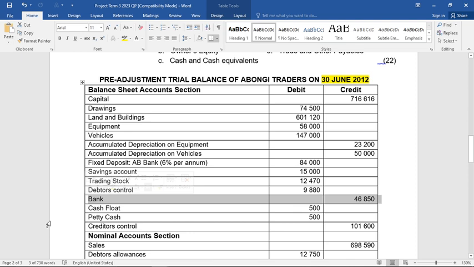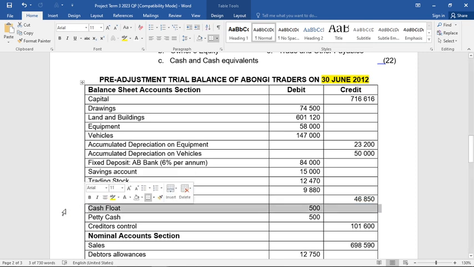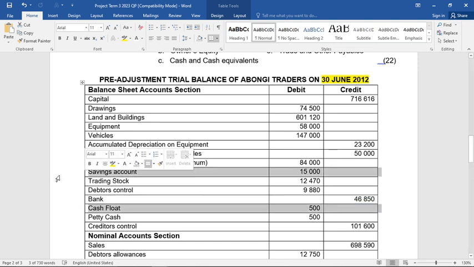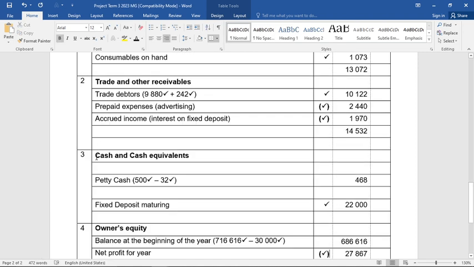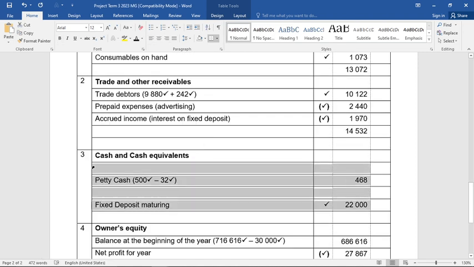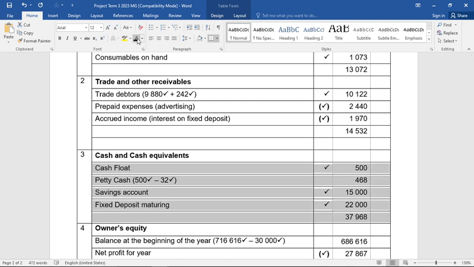Why can't we put bank in cash and cash equivalents? Because it's a credit. In other words, it's an overdraft. And bank overdraft must get shown on the face of the balance sheet. So the other 2 would be cash float and savings account. 15,000 for savings and 500 Rand for cash float. We'd be able to put those in the 2 columns over there. And cash equivalents is done.